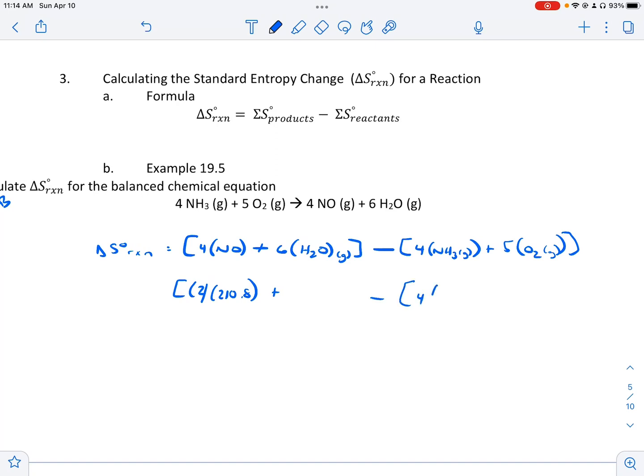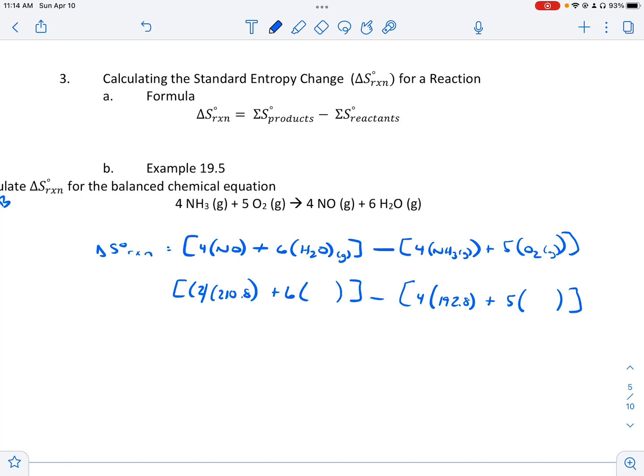Let's find ammonia while we're in the N area. NH3 gas is 192.8. We still need oxygen. And these all should be positive because zero would be at 0 K, which we're not going to get to.